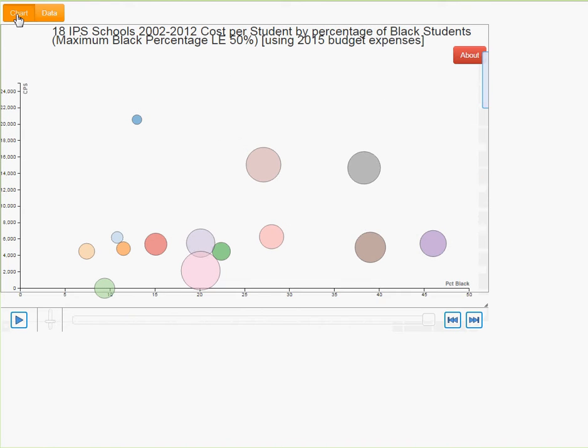Okay, but going back to the chart, we have the cost per student, and this includes the central office expenses in every one of those schools, and construction expenses that are available to us.